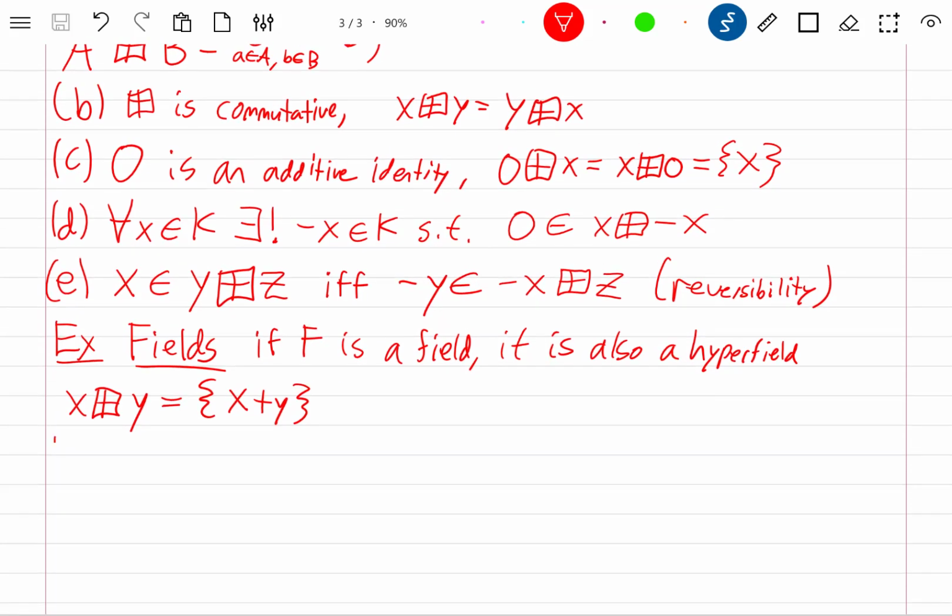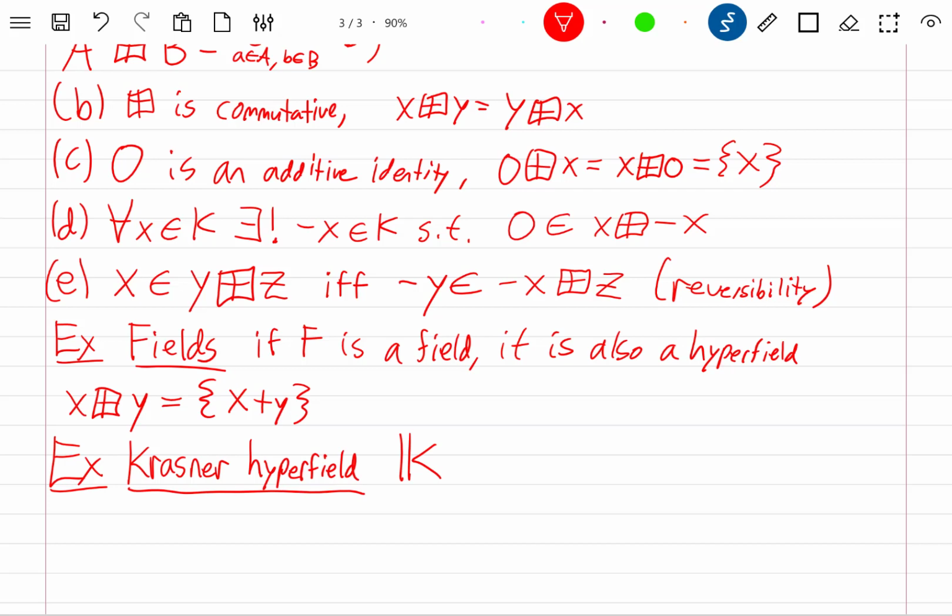So the second example, which might be the first interesting example, is what's called the Krasner hyperfield. We denote the Krasner hyperfield with a boldface K, and it is the following.